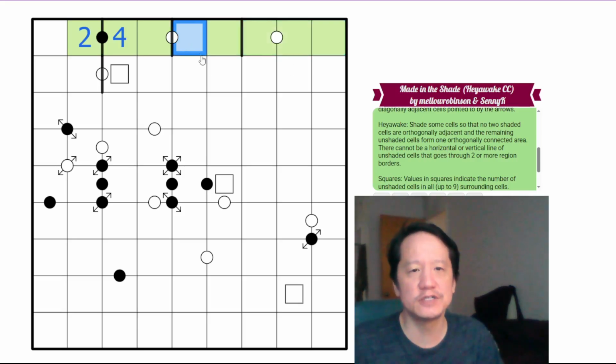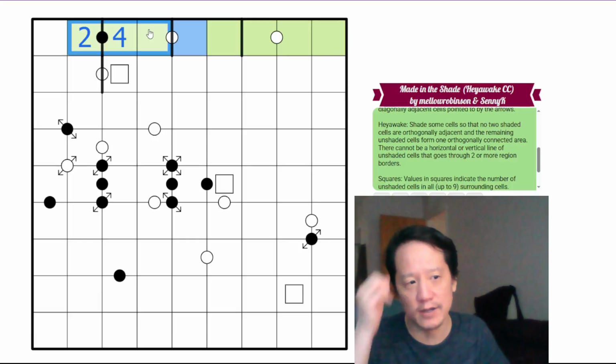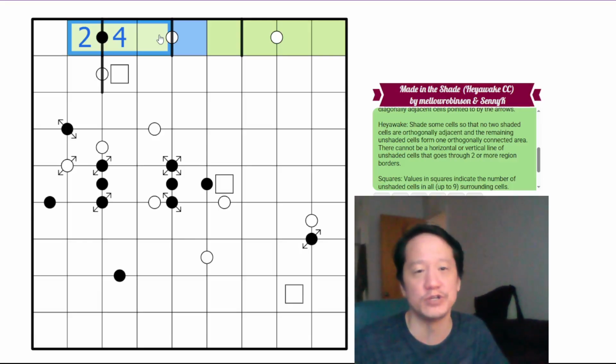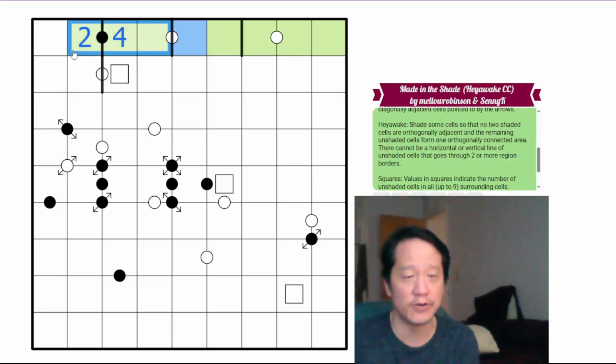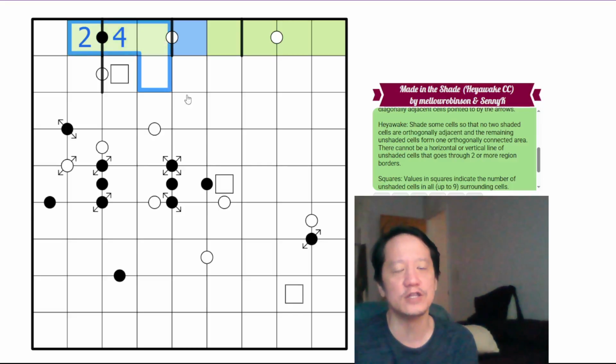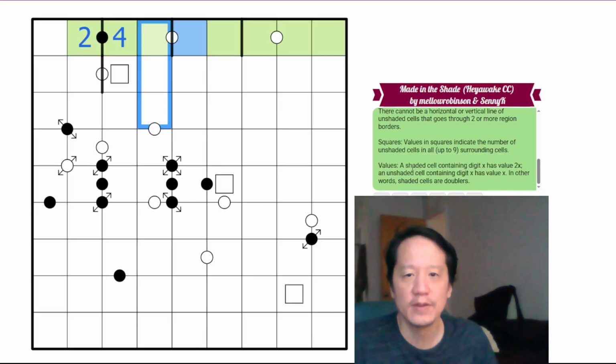And all the shaded cells cannot be sharing an edge with any other shaded cell. And all the unshaded cells must form an orthogonally connected area, which is the same as an orthogonally connected region, right? You have to be able to go from any cell in the unshaded area to any other cell in the unshaded area just by going through edges while staying within the region.